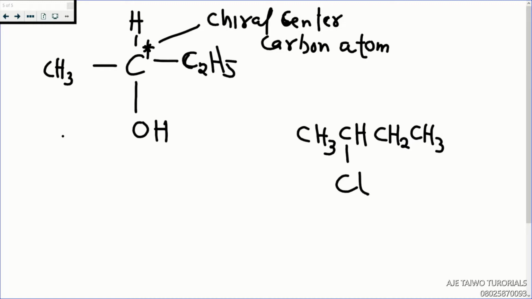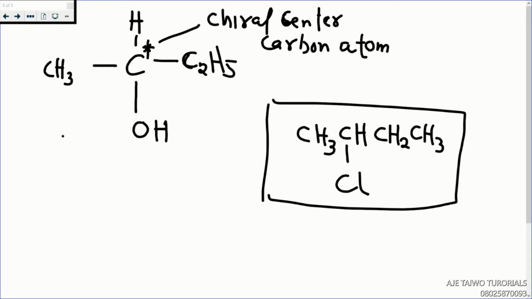Look at this molecule very well and tell me if it's an optical isomer, if it can rotate plane polarized light. You first check: does it have a chiral center carbon atom? That's the first question. If it has, which of the carbon atoms here is that chiral center carbon atom? Let me label them.